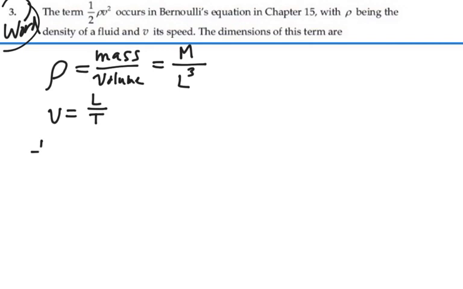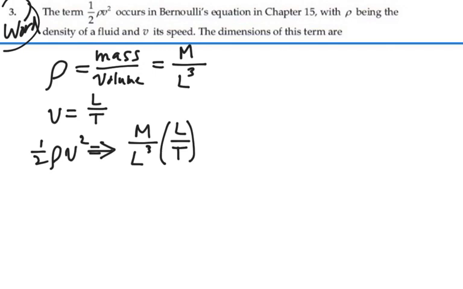So if we're looking at 1/2 rho velocity squared, that's going to have units corresponding to, for density, mass per length cubed, and then for velocity, length per time, and those units squared. So this is going to be mass times length squared over length cubed times time squared.